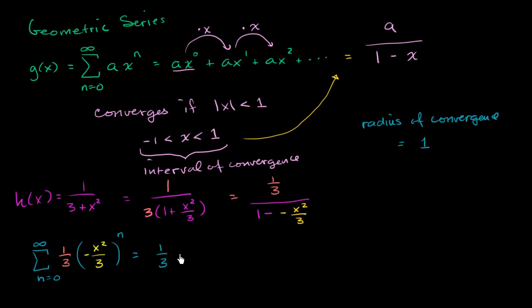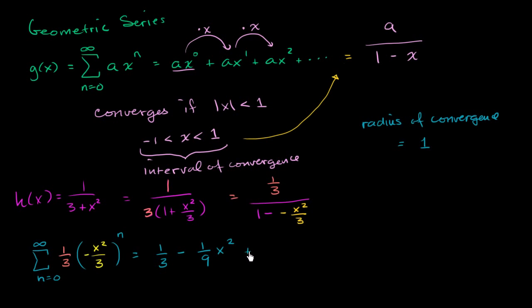And so each successive term is just going to be the previous term times our common ratio. So 1/3 times negative x squared over 3 is going to be negative 1/9 x squared. To go from that to that, you have to multiply by negative 1/3, and yet we multiplied by x squared as well. And now for our next term, we multiply by negative x squared over 3 again.